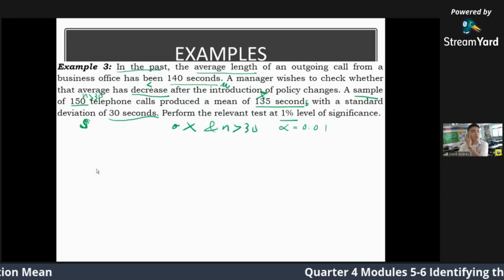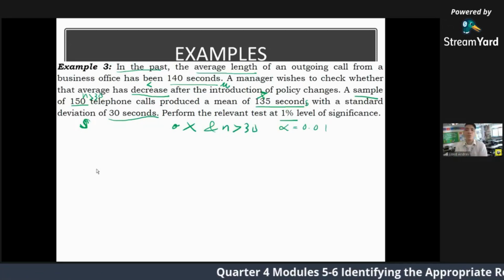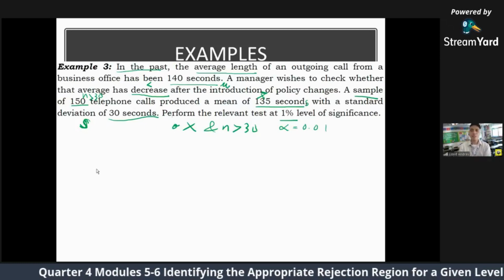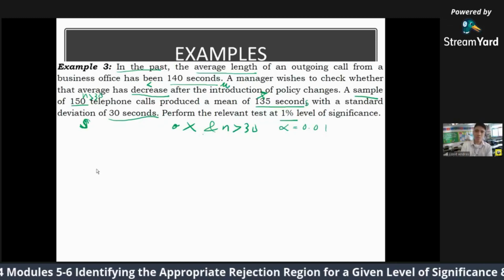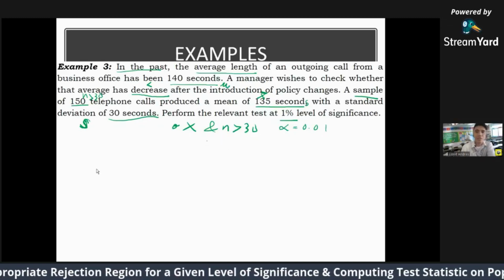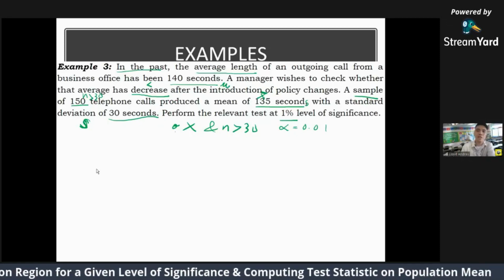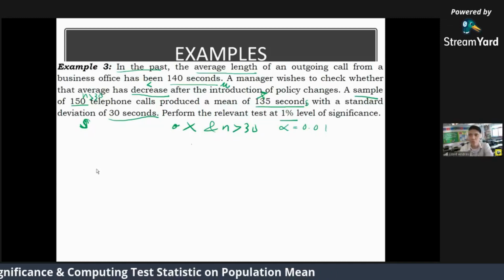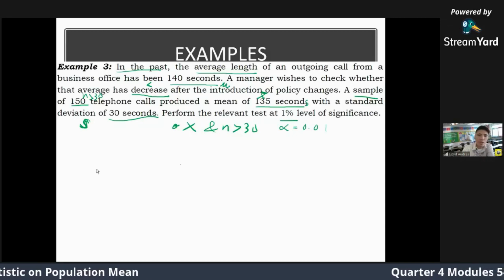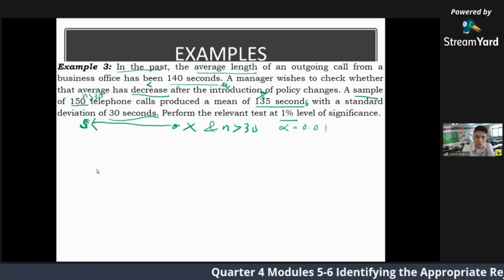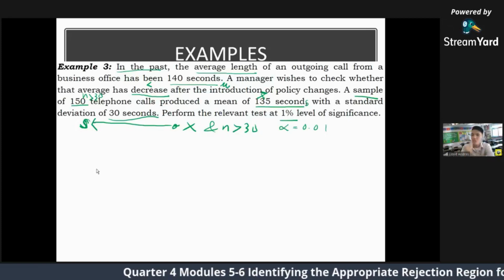So unsaon na siya? Again, basta greater than 30, automatic z-test ni. Maski pag population standard deviation is not known, but by virtue of the central limit theorem, we can replace sigma with our sample standard deviation. So, z-test gihapon ta.